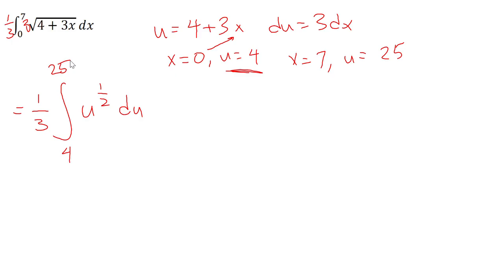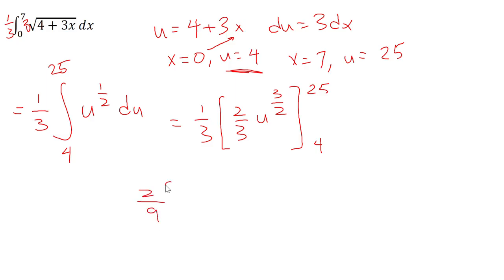So we're going from 4 to 25. And so now we'll just integrate. We have 1/3, and the integral of u to the 1/2 is just 2/3 u to the 3/2. And again, we're going to do that from 4 to 25. So really, this is like 2/9 of 25 to the 3/2 minus 4 to the 3/2.